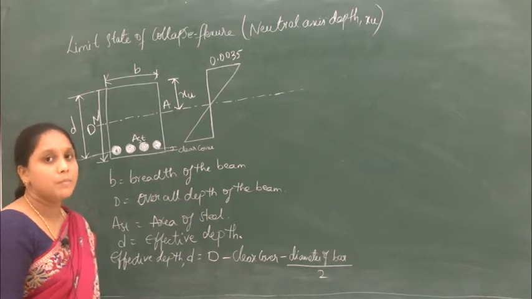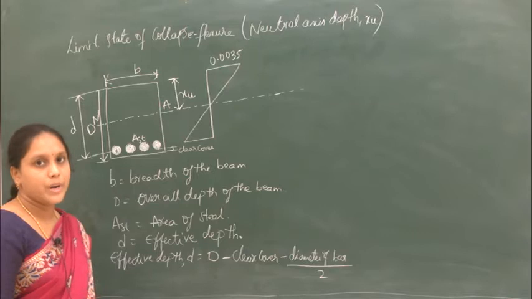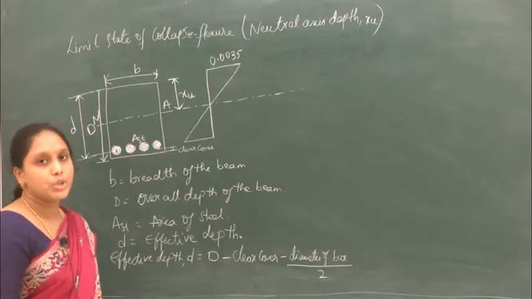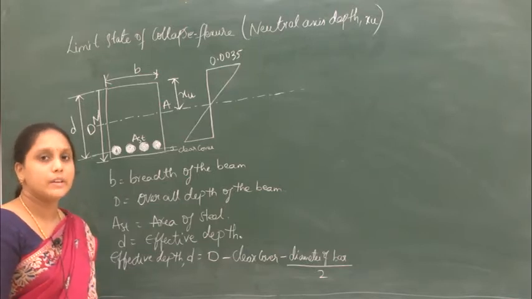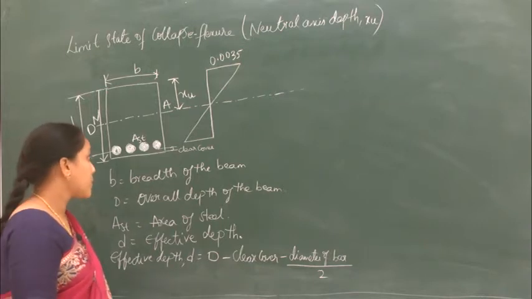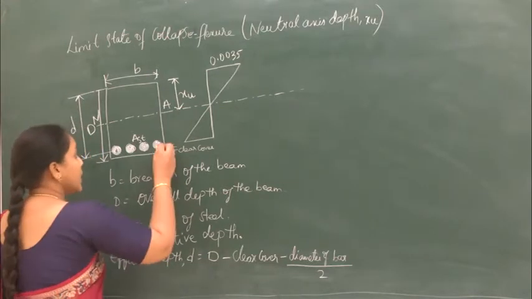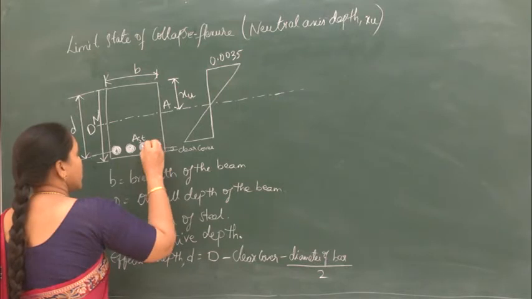The maximum strain in the tensile reinforcement is 0.002 plus 0.87 Fy by Es. So where will you have the maximum strain? The maximum strain will be near the reinforcement, is it or not? Here, in the tensile reinforcement.